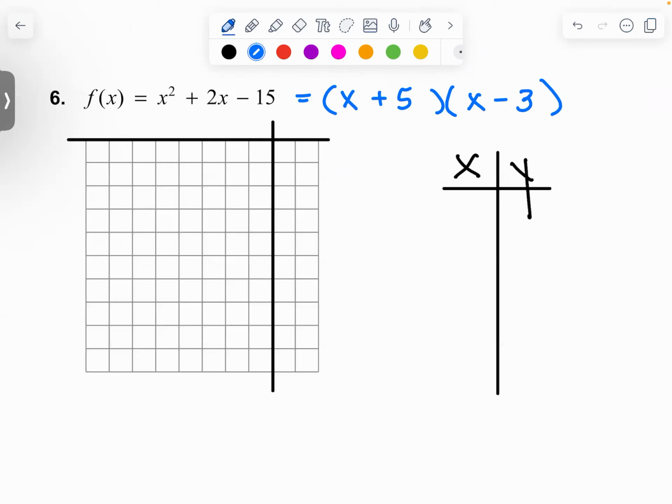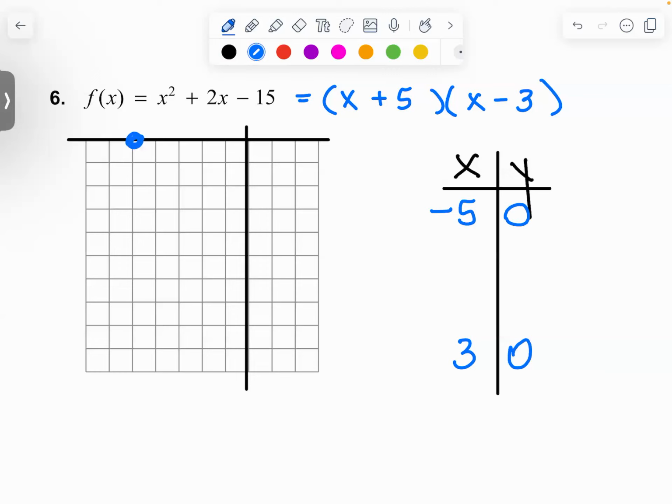Because we have x plus 5 and x minus 3, we know that negative 5 and positive 3 are our x-intercepts. So we have coordinates at negative 5, 0 and 3, 0.